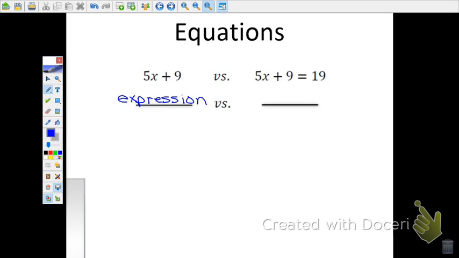If I have 5x plus 9 equals 19, then I have an equation. So that's the difference between an expression and an equation, having that equal sign in that statement.